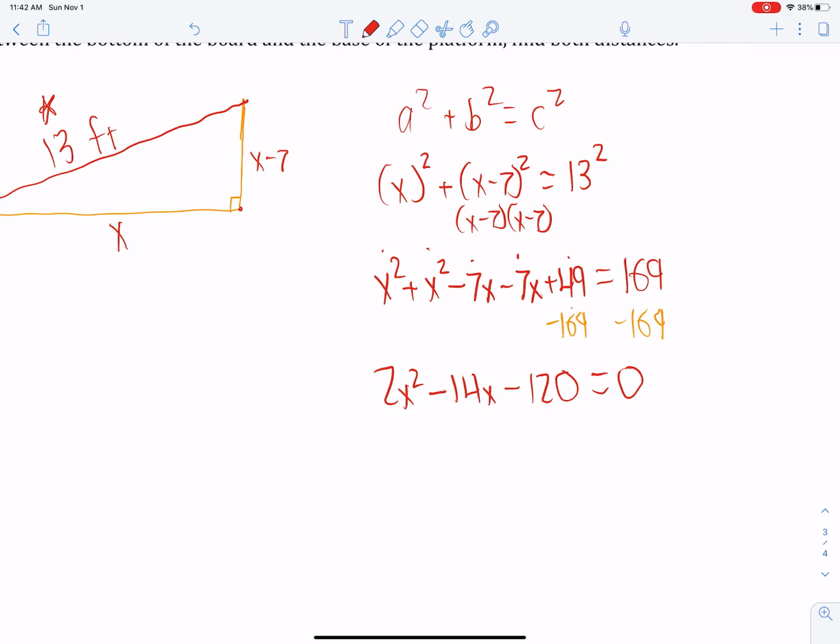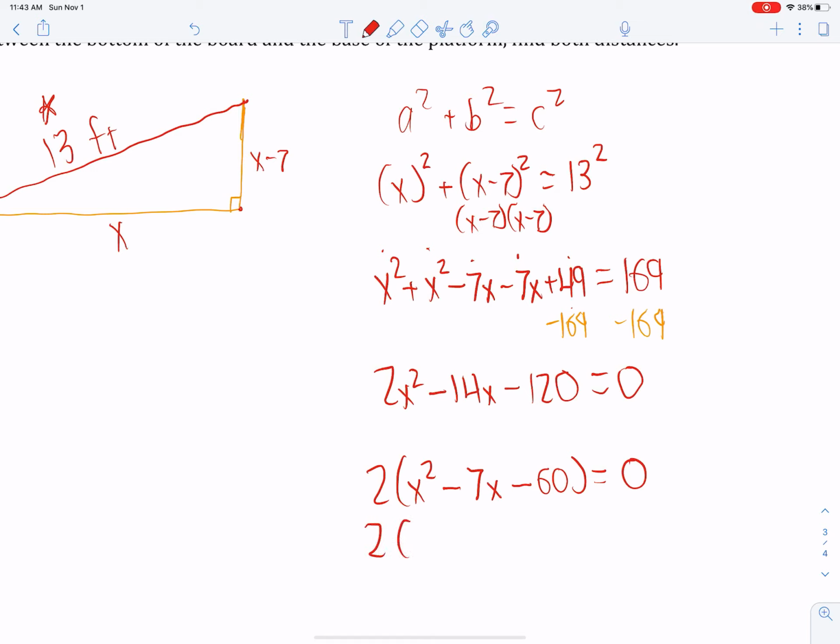Remember, the first thing you always look for when factoring is a greatest common factor. And here, they're all divisible by 2. 2x squared divided by 2 is x squared. Minus 14x divided by 2 is minus 7x. Negative 120 divided by 2 is minus 60.